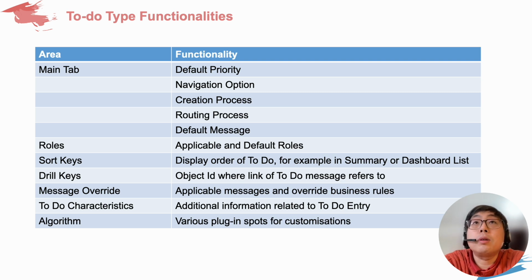For example, say the drill key is pointing to a service point, I want to show a characteristic such as the person name, when the person got created, or when the service point's last device was installed.